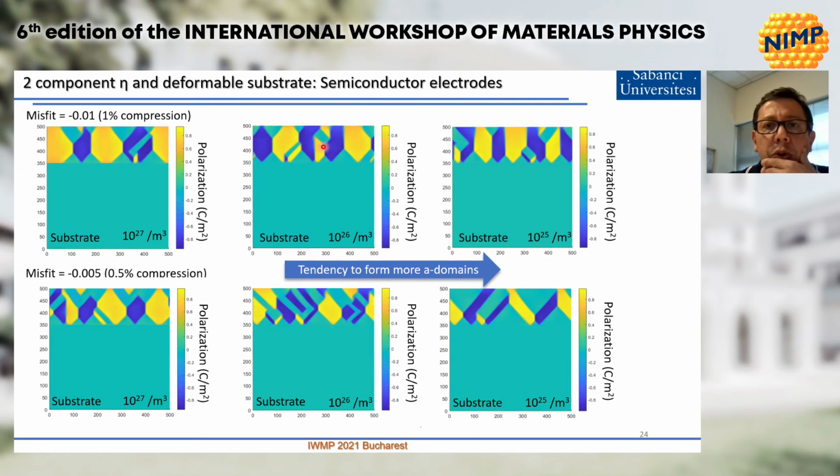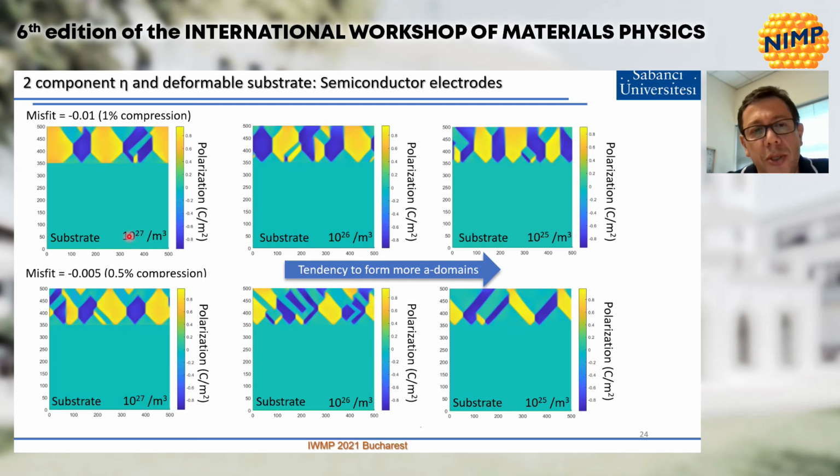Now, if I go to semiconductor electrodes, we always end up with polydomain states. We can understand that you can have up polarization and down polarization, but at the same time we also get these elastic domains. By the way, these triangular domains are what we call closure domains, which occur as a transition from one domain to the other. But then we also have these elastic domains, which tend to depend on the semiconductor substrate.